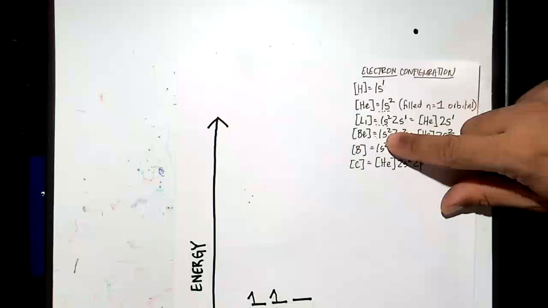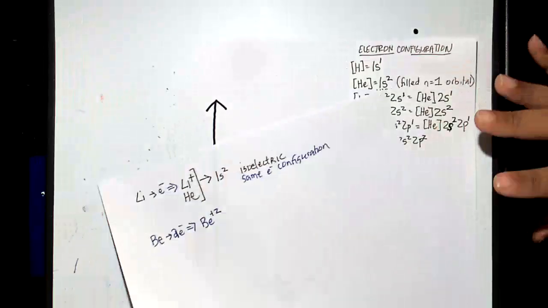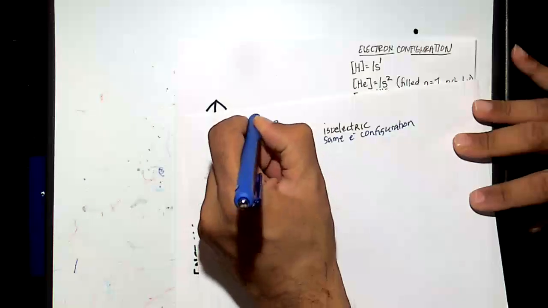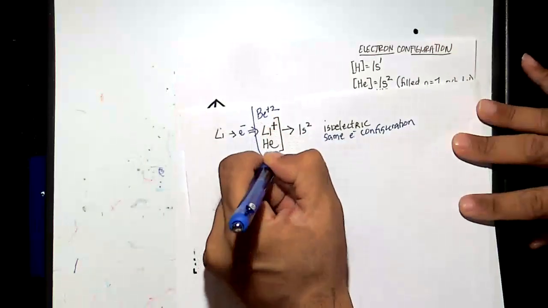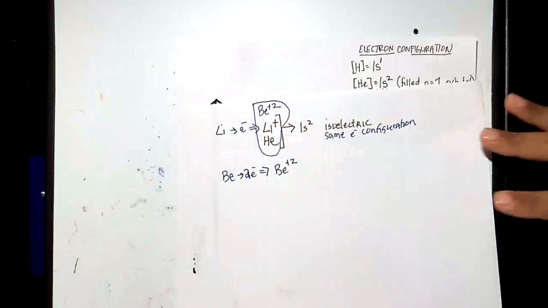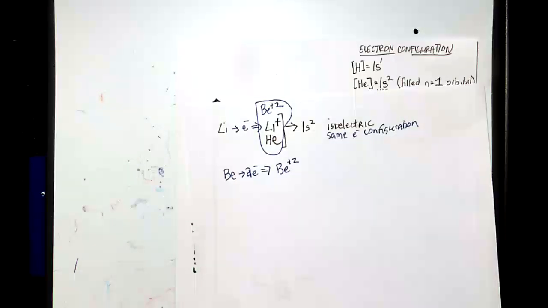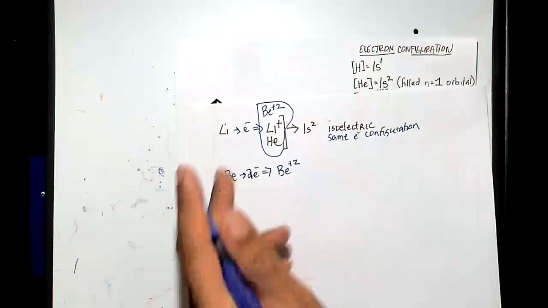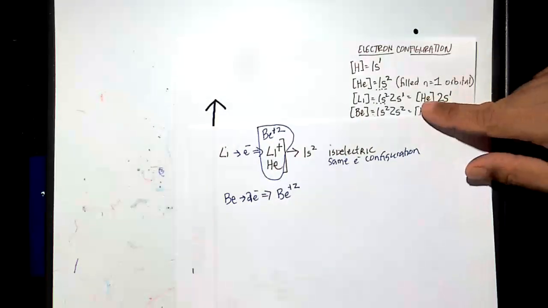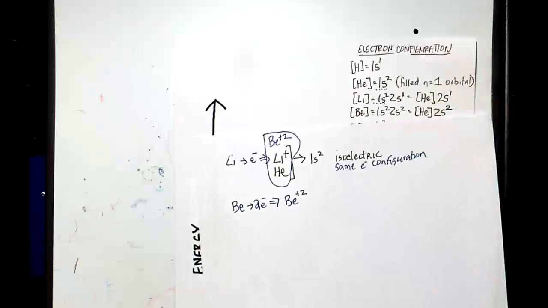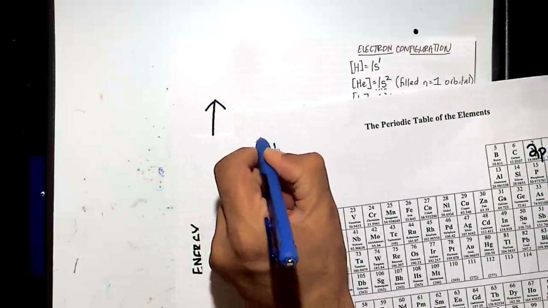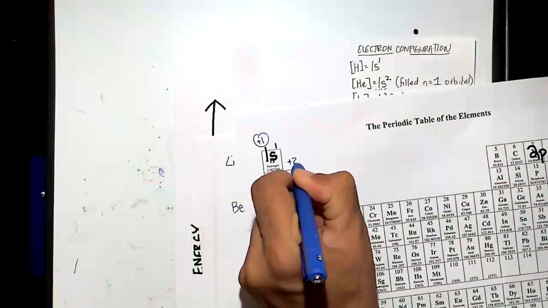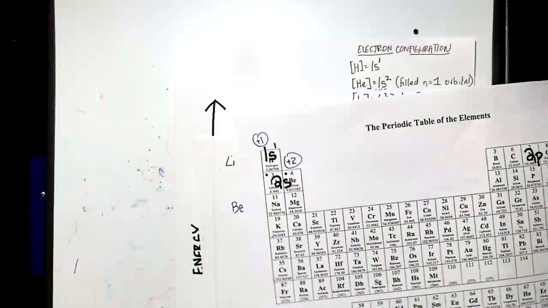It will be 1s2. What element is 1s2? Helium. So beryllium +2, lithium +1, and helium are isoelectronic, with the same electron configuration. When beryllium loses 2 electrons, it becomes noble. When lithium loses 1 electron, it becomes noble. Helium is already noble because it has a filled n=1 shell. So this is why all of these like to be +1, and this is why all of these like to be +2.